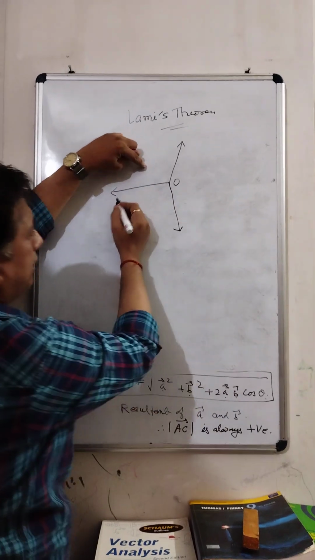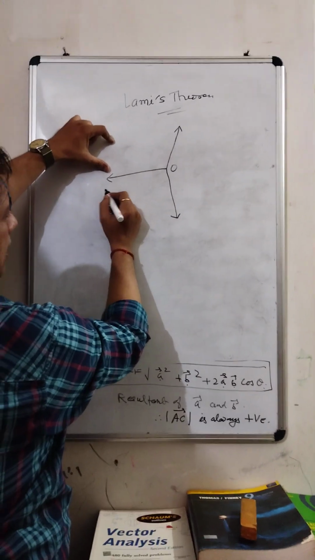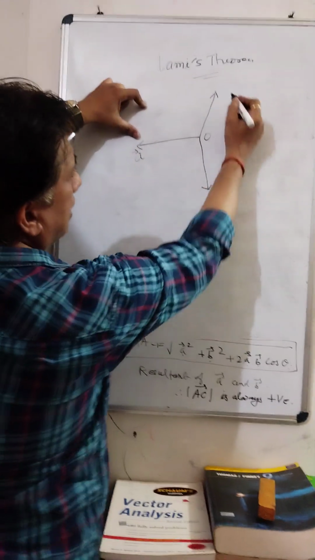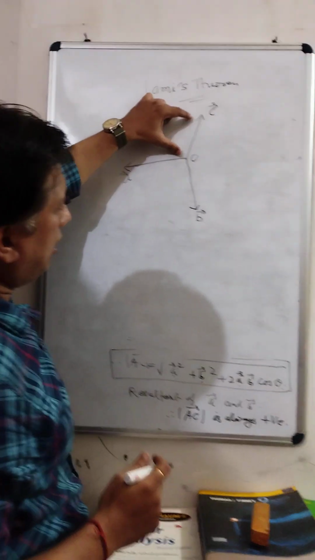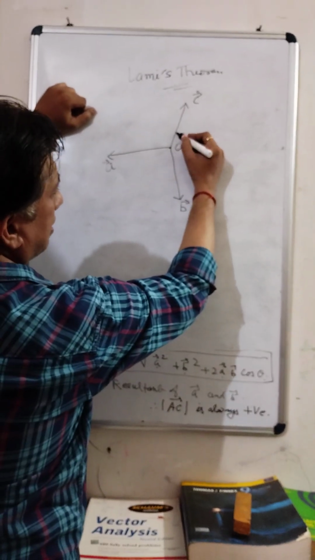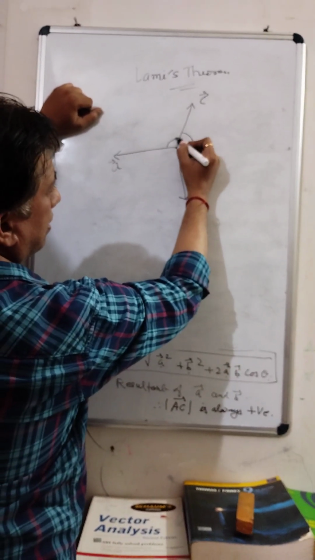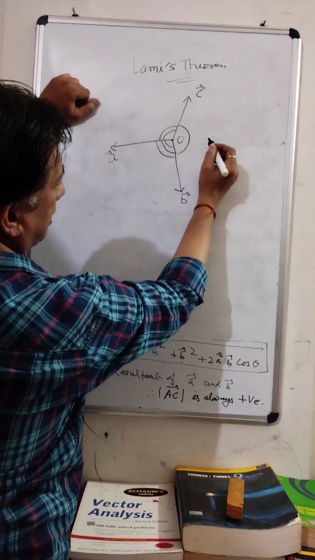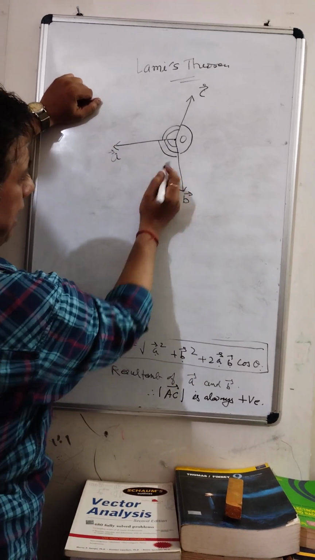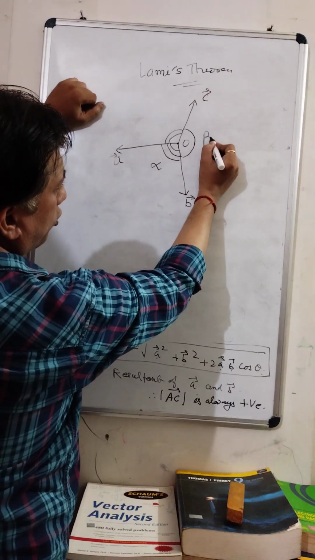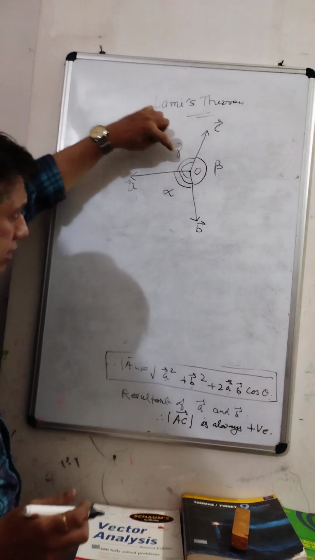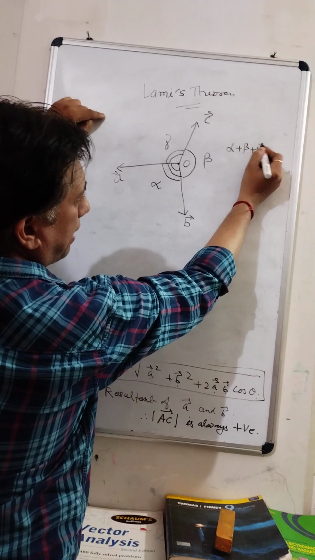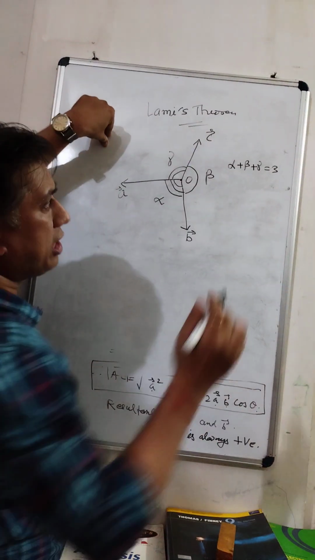Suppose this is O, this is A, this is B, this is C. Now the angles between them, suppose between A and B we take alpha, suppose we take beta, and suppose we take gamma. These are the three angles. Here alpha plus beta plus gamma is equal to how much? 360 degrees.